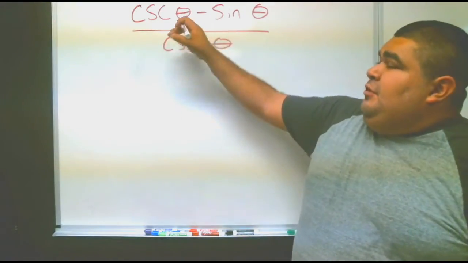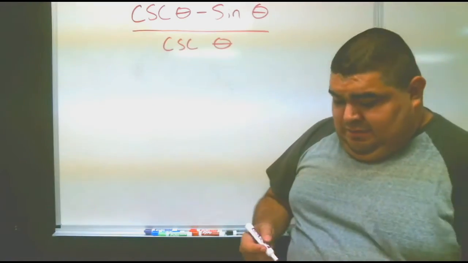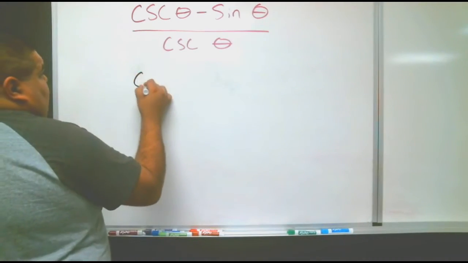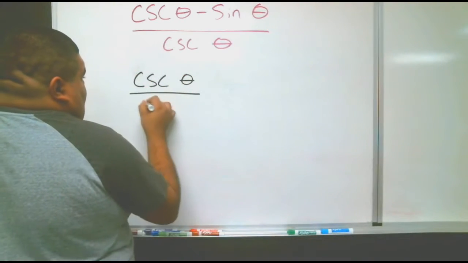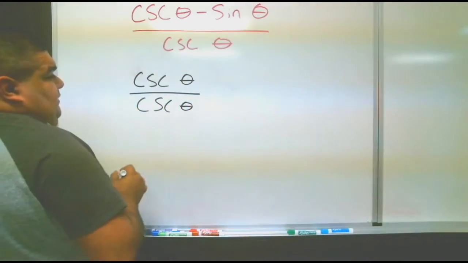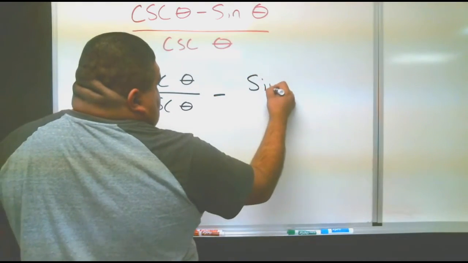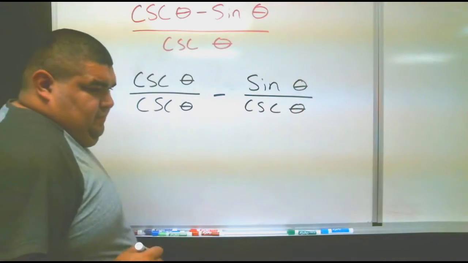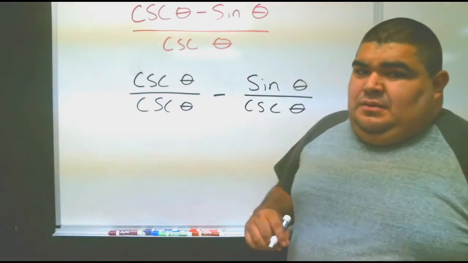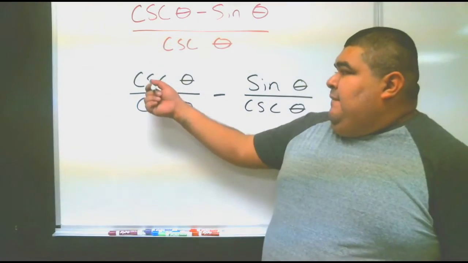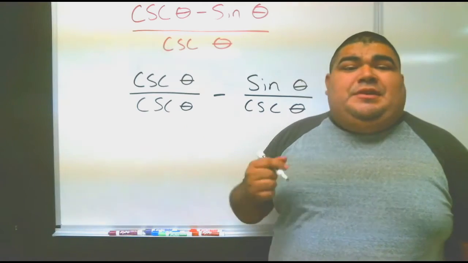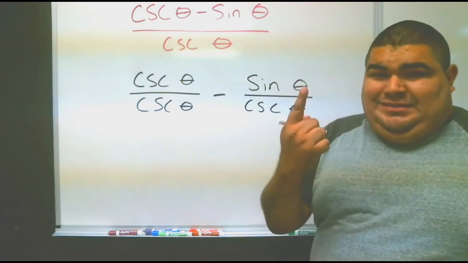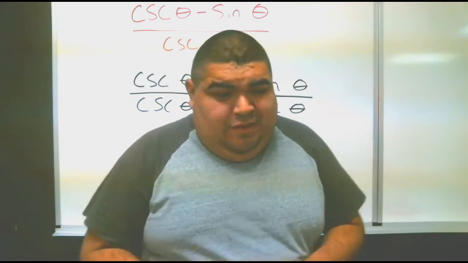But since you're dealing with two terms, break it into two pieces. We have CSC theta over CSC theta, which is cosecant, minus sine theta over cosecant theta. I will say this. When you cancel this out, it all becomes 1. Technically, cosecant theta can go into cosecant theta one time. So we have 1.